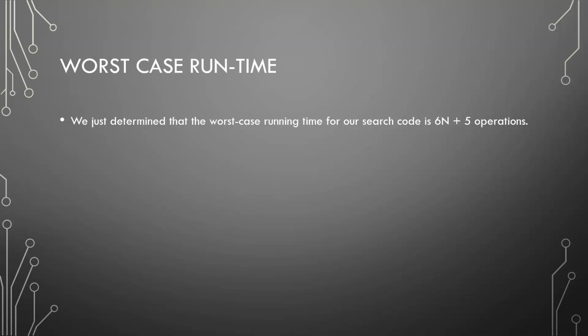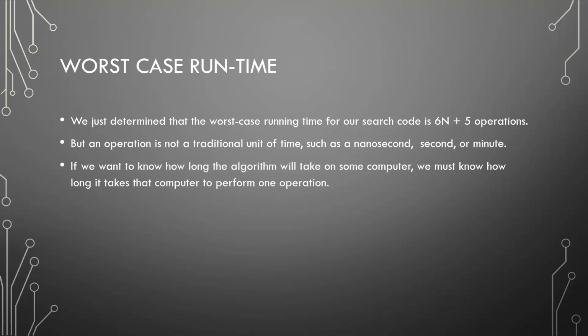So, look at that. We just determined that the worst-case running time for a search code is 6n plus 5 operations. But an operation is not a traditional unit of time. If you come to someone and say it's 6n plus 5 operations, they're going to be confused. But if you say nanoseconds, seconds, or minutes, people understand that concept of time.